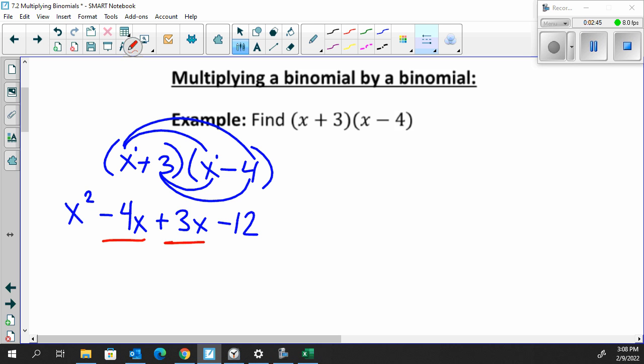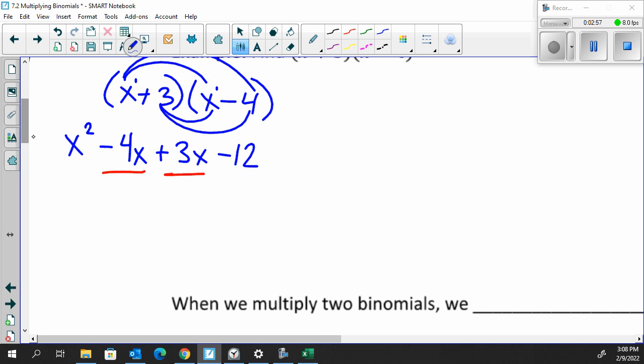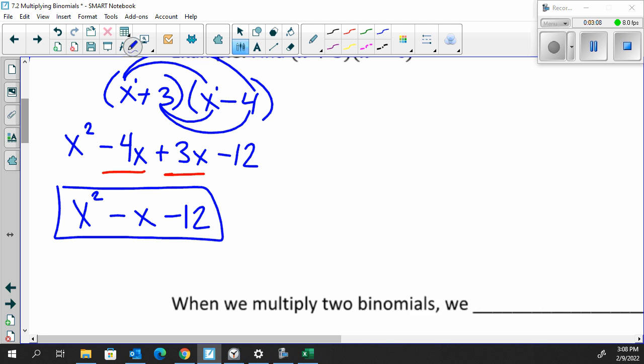Negative 1. And again, use the calculator if you need to. Just make sure you get it right. So it's x squared, negative 1x, so I can just write minus x minus 12. There's nothing else to do, so we're done. Make a little bit of sense?